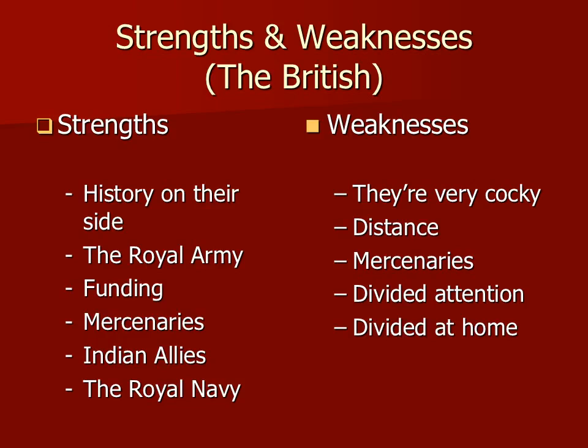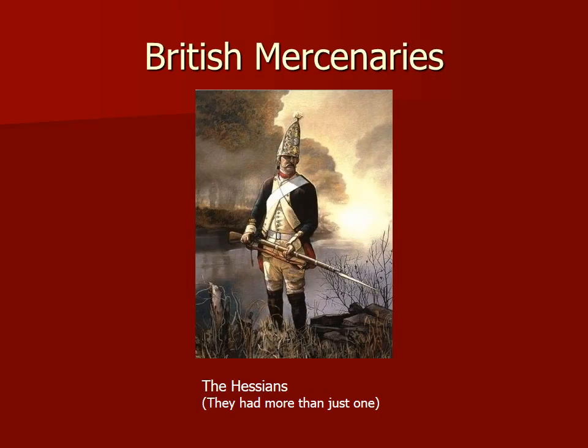The fourth kind of segues from this superior funding that the British have. In this conflict, the British are going to be able to supplement their armies by hiring soldiers that are not British. These are known as mercenaries. In the American War of Independence, the British hired mercenaries that we know as Hessians. Here's a picture of one of them. They had more than just one.